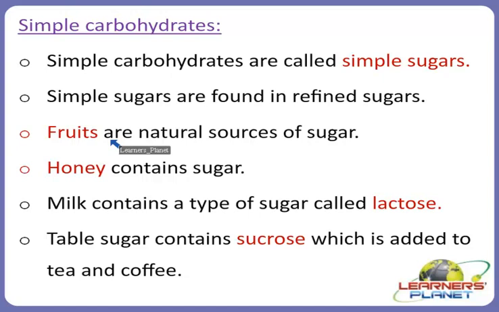It does not contain important nutrients. So we cannot say that a lollipop is a very good thing to eat. No, it is not a good thing to eat, right? We have to consume foods in which natural sugars are present with other important nutrients, right?